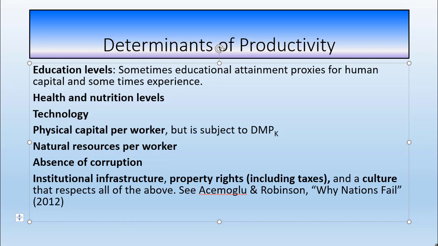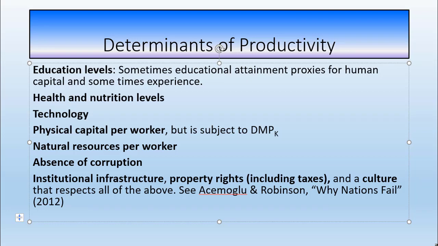There's also health and nutritional levels that vary mainly from country to country, and I've done research in this area, and it even varies state by state, and it does have an impact on productivity state to state, but it's even more dramatic from country to country, so you need to have a healthy workforce, and nutrition is an important element of that.